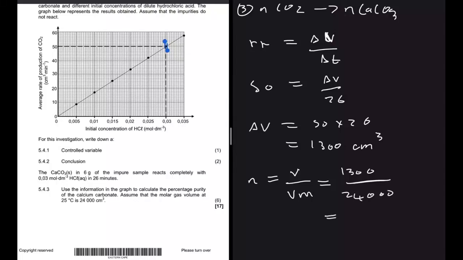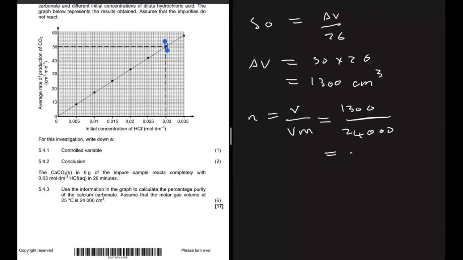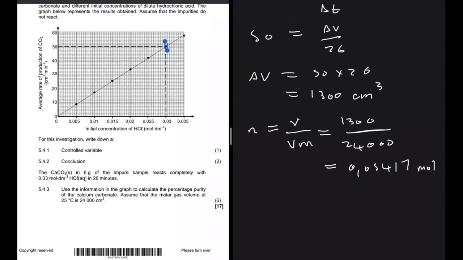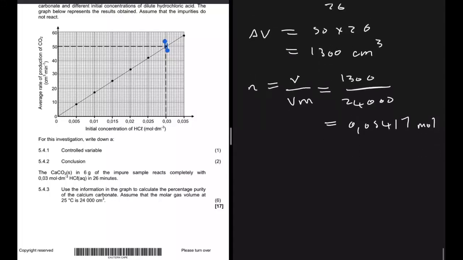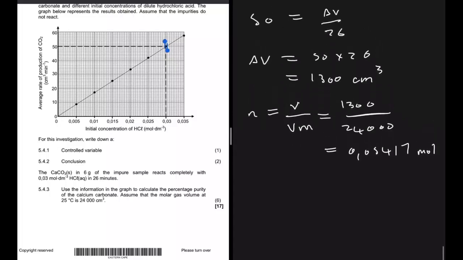So we have 1,300 divided by 24,000, which gives us 0.05417 moles. So now we can use the number of moles of CO2 to determine the number of moles of CaCO3 that reacted, using the ratio of the balancing coefficients, right?